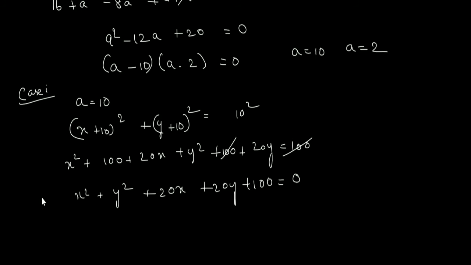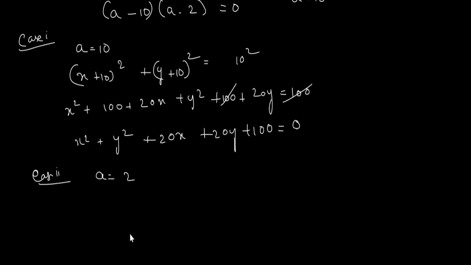Now in the second case, a is 2. Case 2, a is equal to 2. So in the place of a, you substitute 2 now. In the place of 10, write 2. So it becomes x plus 2 the whole square plus y plus 2 the whole square is equal to 2 square.